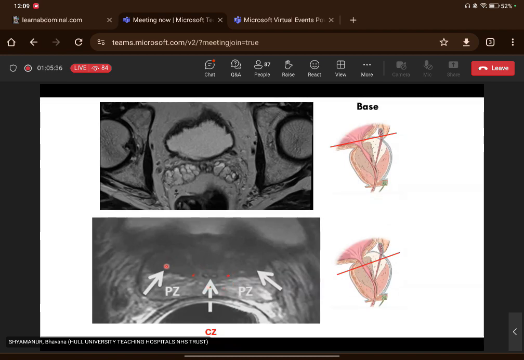Peripherally, you have the transition zone, and then these brighter areas here are the peripheral zones. On T2 at least, the transition zone is darker, and the peripheral zone is brighter. On T1, there's not as much differentiation between them. They're all quite low in intensity, so it's unlikely that you'd get a T1 image to differentiate the two.